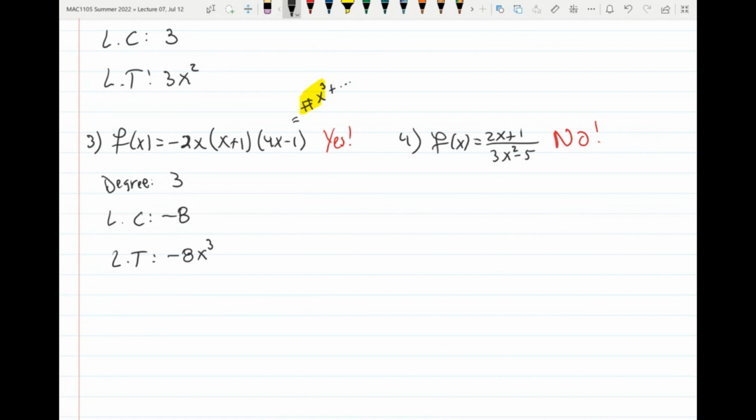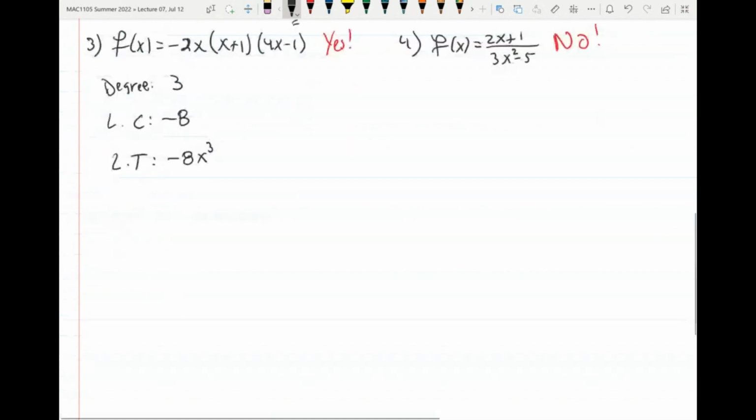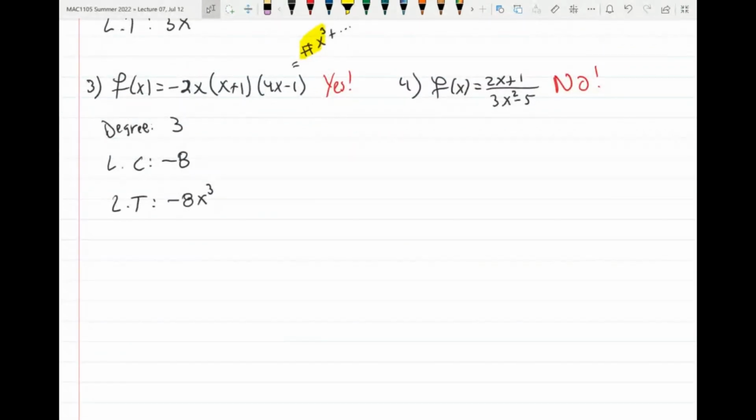Okay, so like I said, these guys right here guarantee the end behavior of polynomials. So let me actually explain that right now. Okay, end behavior.